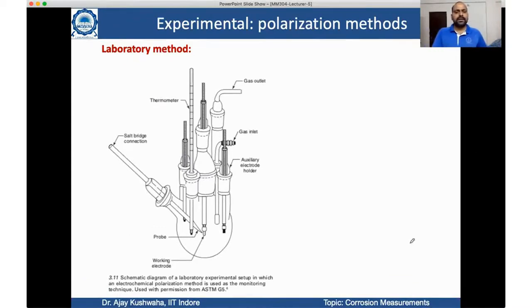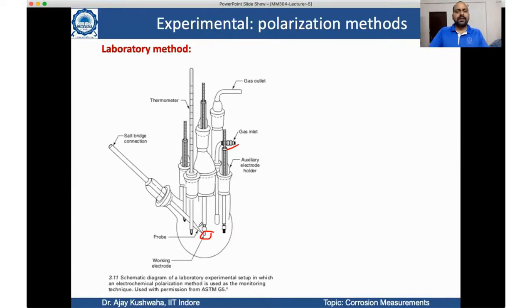So you can see here a typical corrosion cell where we have a gas outlet and gas inlet to keep the system inert. Then you can see the auxiliary electrode here. Similarly, the working electrode is here, on which we are going to observe the corrosion, and then the salt bridge connection and the reference electrode with salt bridge.